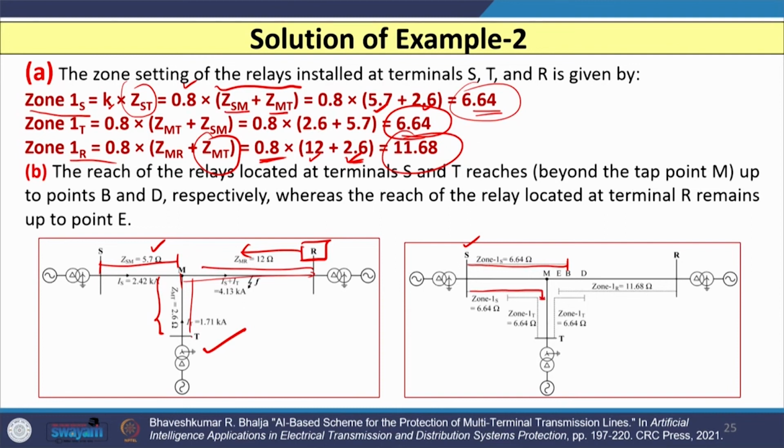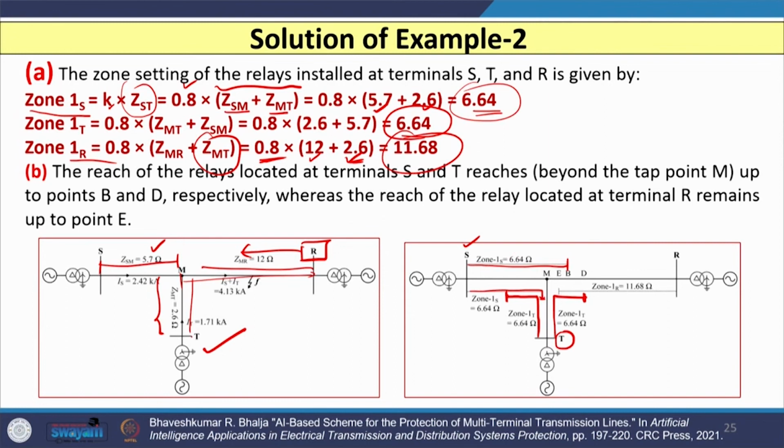Similarly, if I consider zone 1 of the relay located at this point, then its zone 1 will go up to this point D, that is 6.64 on the main line towards R, and its reach may also go up to this point towards the source S, that is also 6.64.